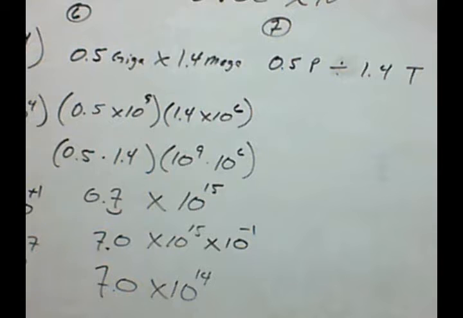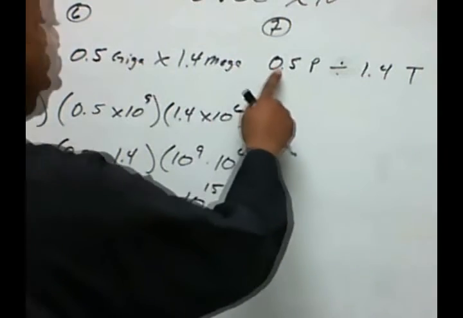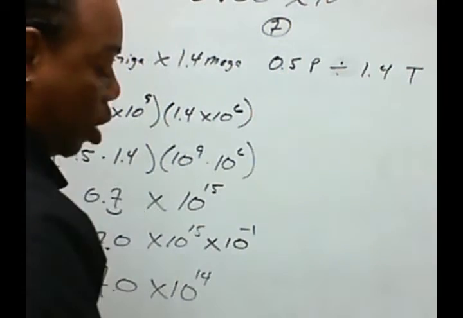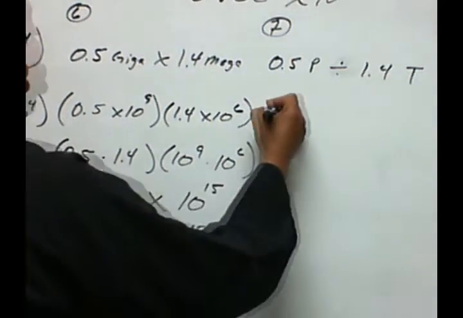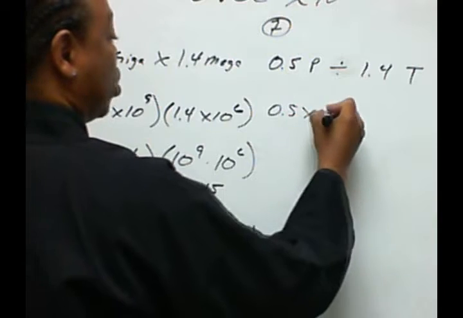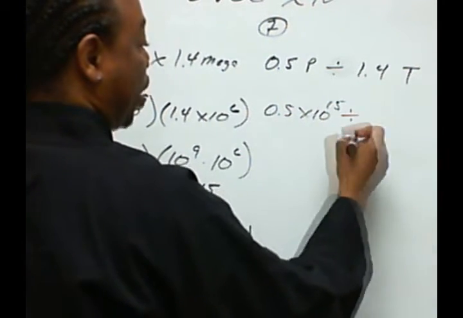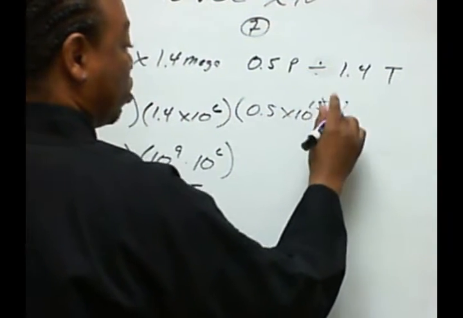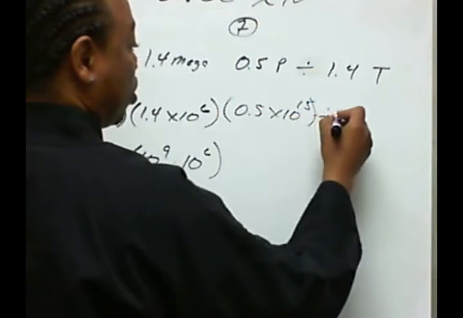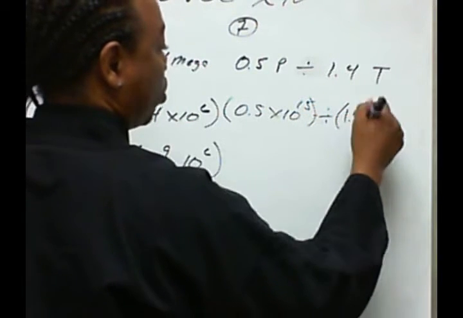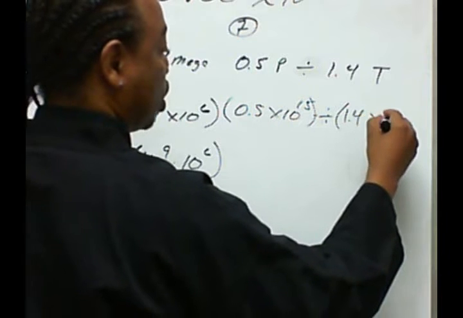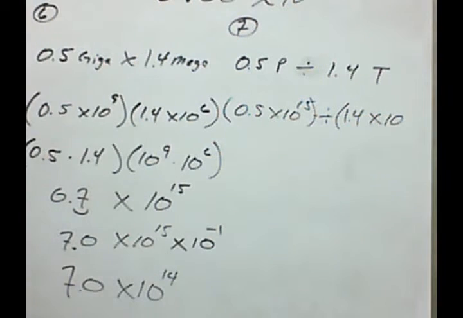Okay. Next. What we have is 0.5 petas. The peta is times 10 to the 15th power. So 0.5 times 10 to the 15th, and then that's going to be divided by 1.4, and we have a tera, which is times 10 to the, I believe, 12th power.